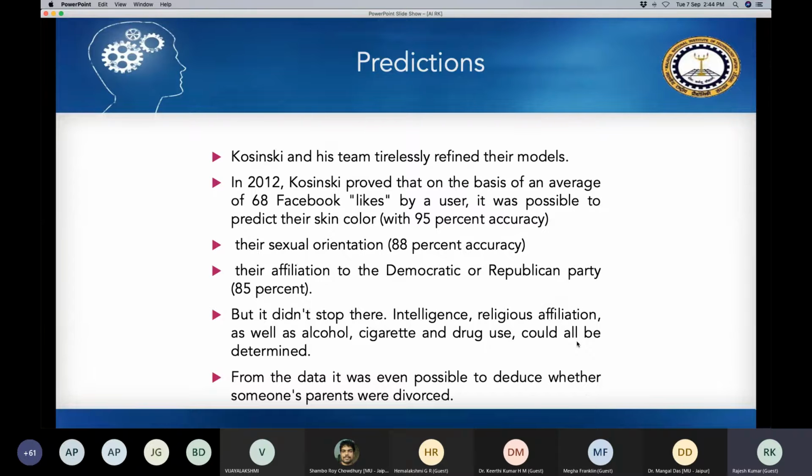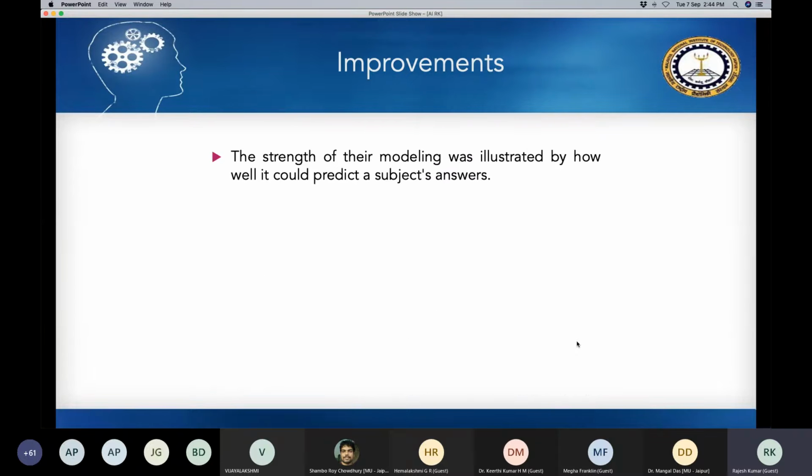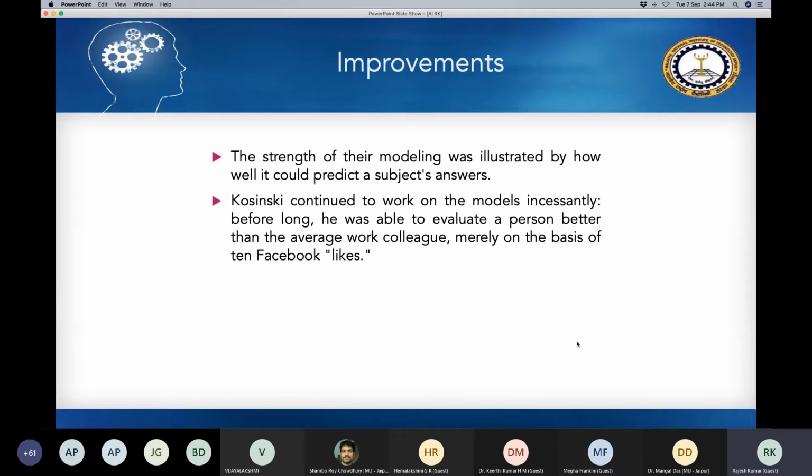So they refined it and did various improvements on the various models, which keep on penetrating into depth, not only about that particular person but about the friend of a friend and so on. So you can see here what the friends knew.